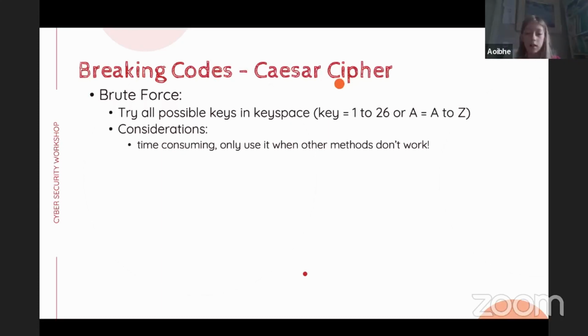Well, I was just thinking that would also be kind of helpful, because if you know that A is, say, T, then you know it's a shift of a certain amount of numbers. And when you've worked out what one letter is, and you know for sure, then you can just decrypt all the rest of it. Yeah, exactly.